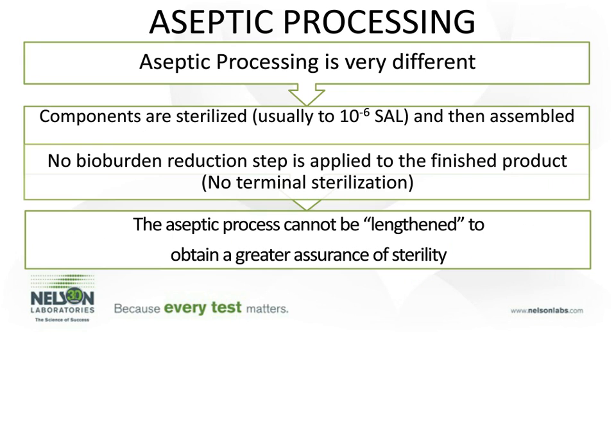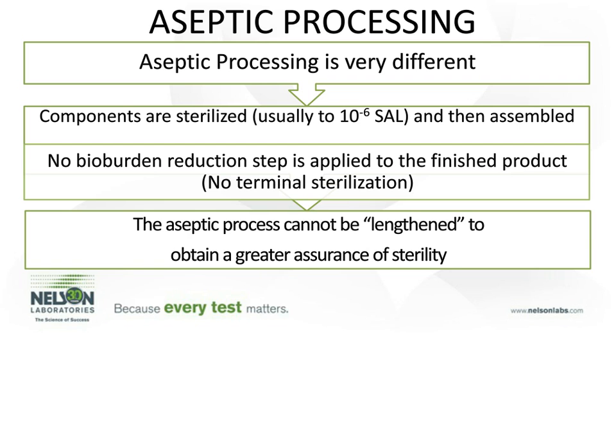So with aseptic processing, as I mentioned, the components are sterilized ahead of time, usually to a 10 to the minus 6 SAL, and then they're assembled in an aseptic manner in as clean an environment as possible. But in this situation, there is no bioburden reduction step being applied to the finished product. There is no terminal sterilization. The only sterilization that is being applied is in different forms to the components.